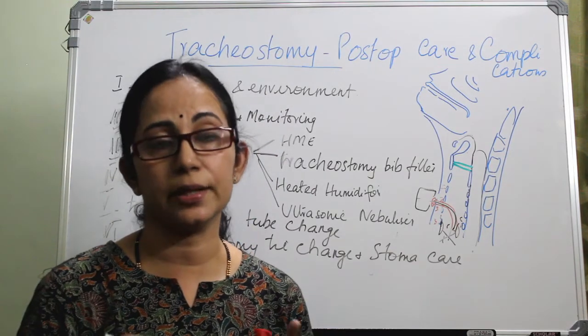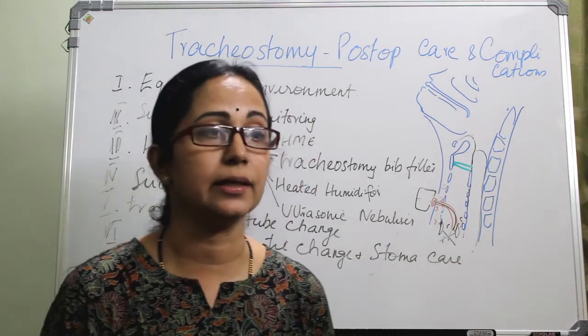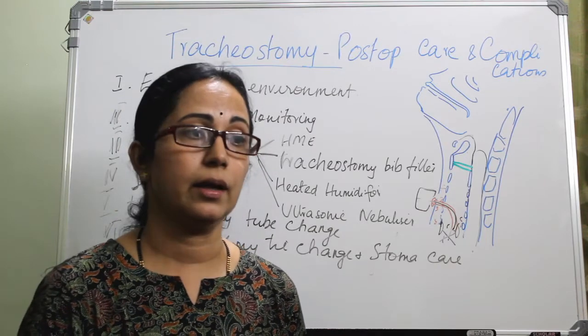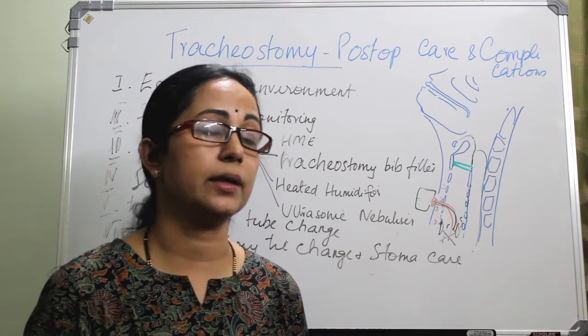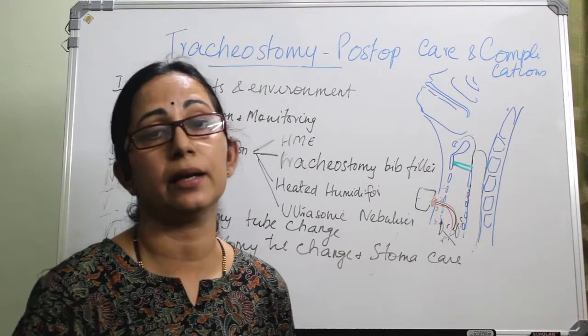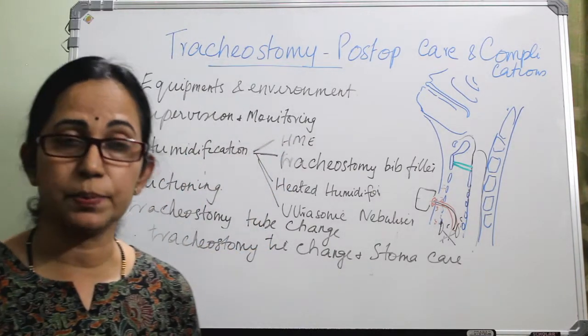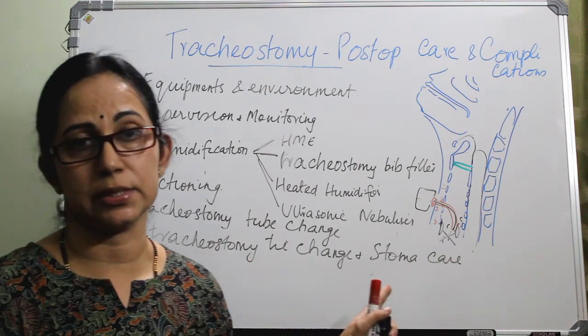If there is any problem, you have to clean that area daily, remove the dressings and change them. If there are signs of infection, then apply adequate antibiotic solutions, or if needed parenteral antibiotics have to be started. It is better to have 2 experienced persons present at the time of tracheostomy tie change.